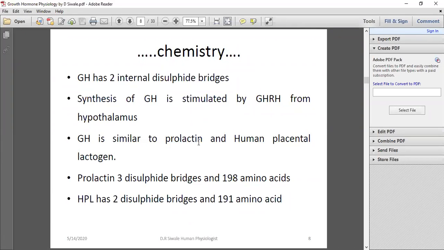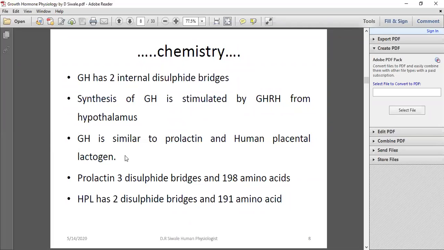When we say similar, you find that prolactin is made up of 198 amino acids. Human placental lactogen is made up of about 191 amino acid sequences.